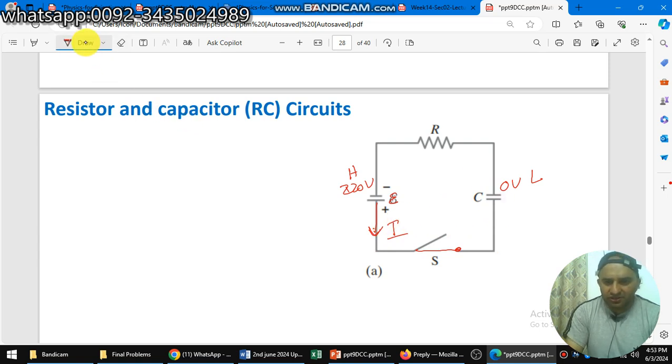When the charge is developed on this capacitor, the positive plate stores positive charge and the negative plate stores negative charge. The potential drop across this resistor is VR.